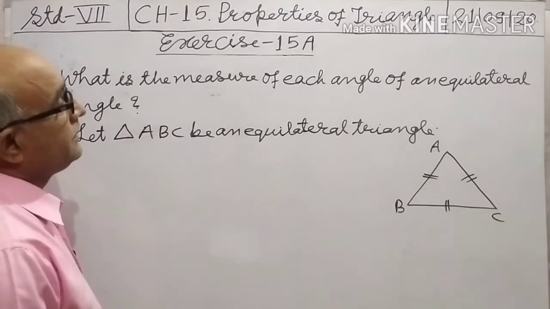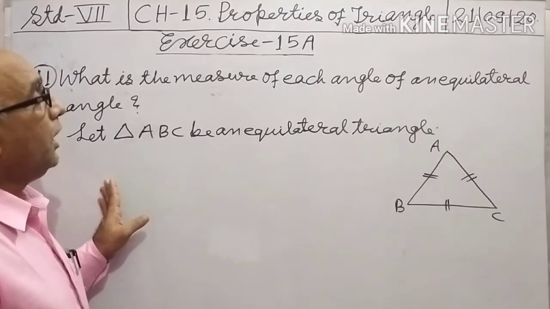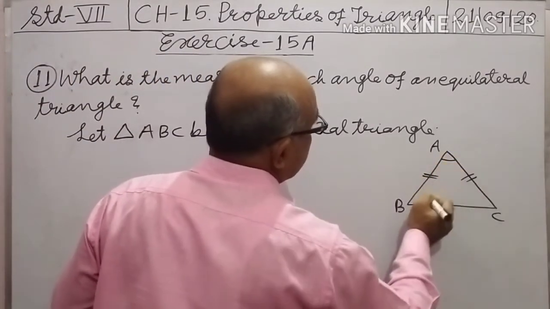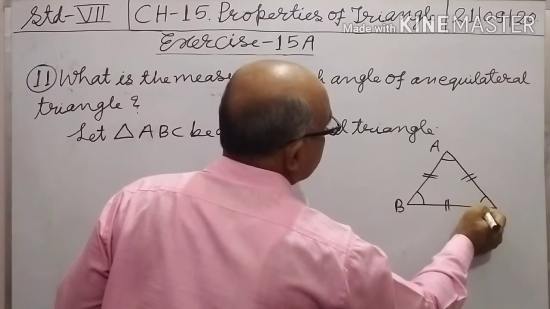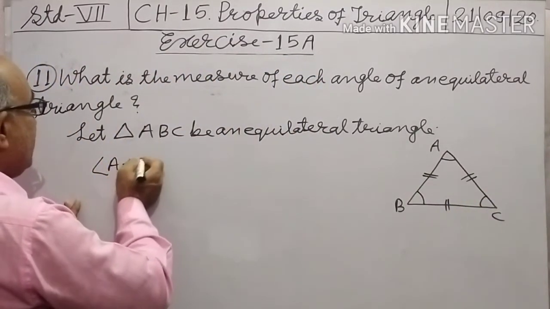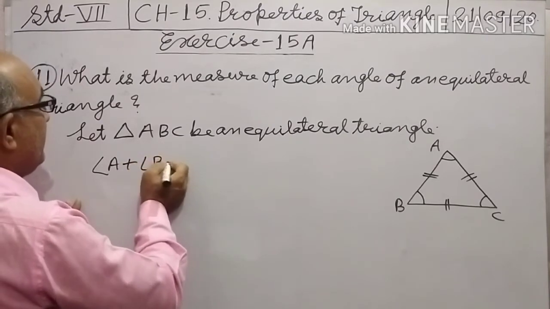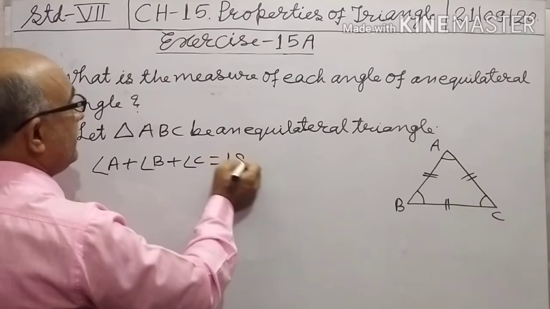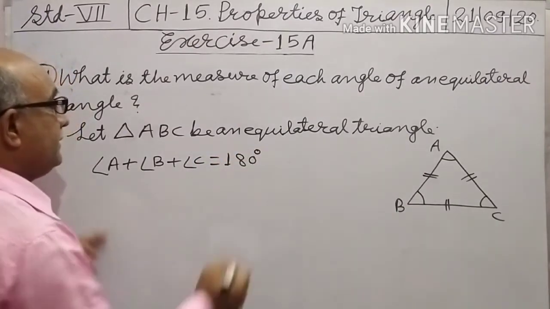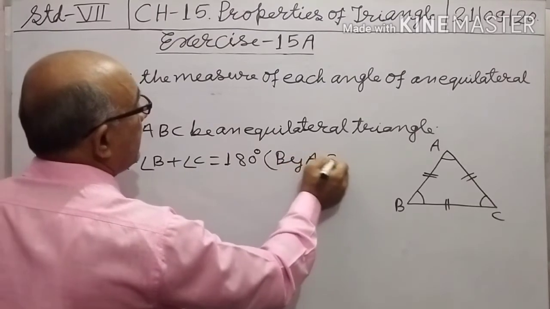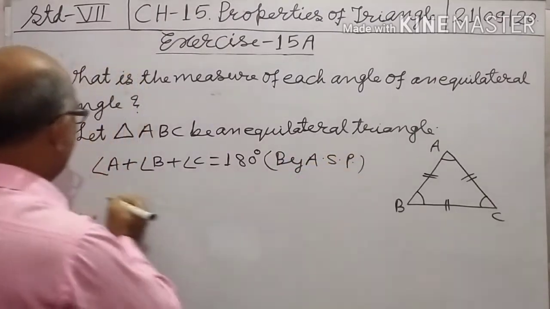We know that each angle of an equilateral triangle is equal. So angle A plus angle B plus angle C equal to 180 degree by angle sum property.